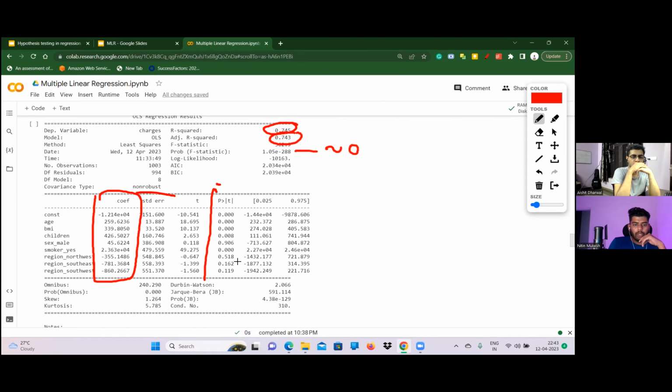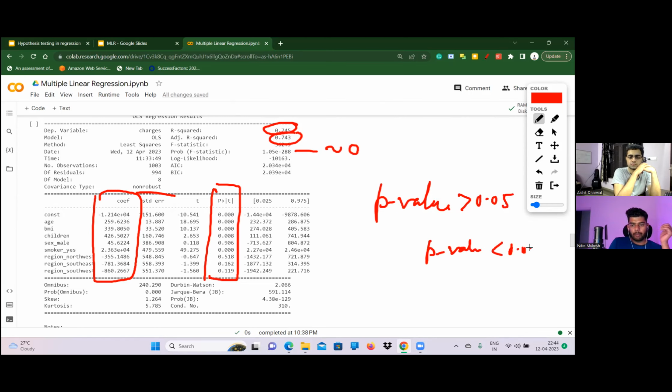Yesterday I told you that for a predictor variable, if the p-value is less than 0.05, it means that your particular predictor variable is significant. So you can say that the constant we don't consider.